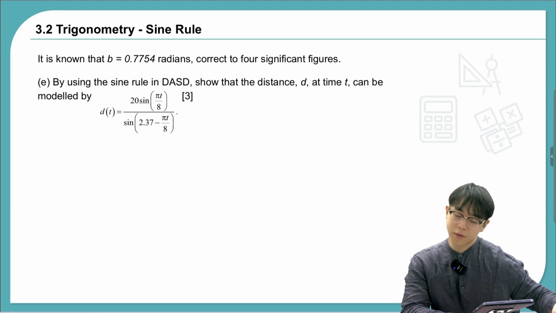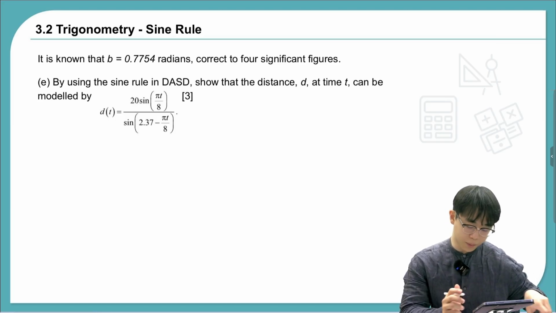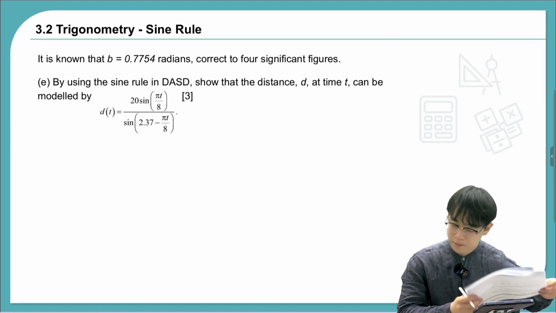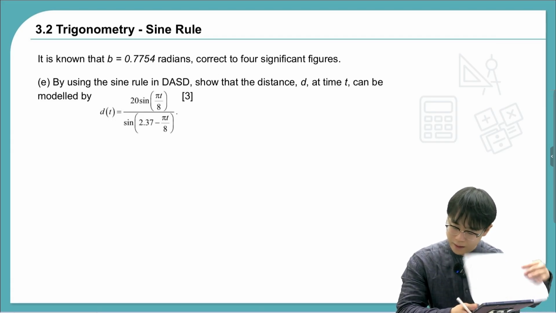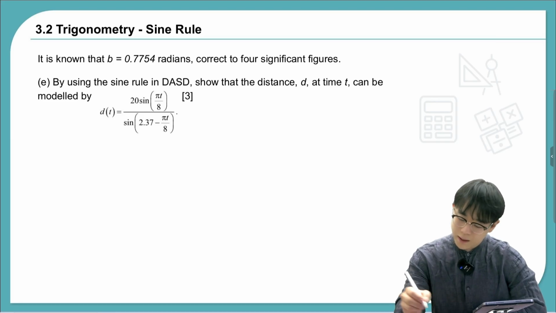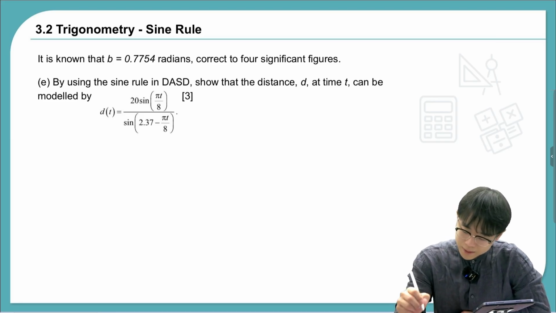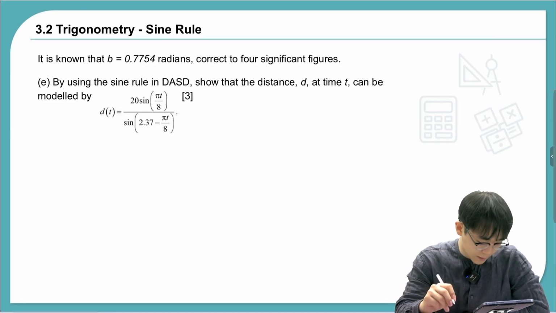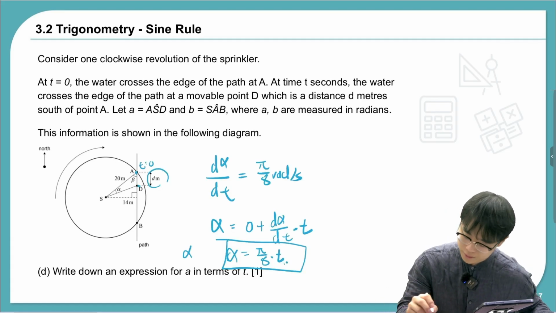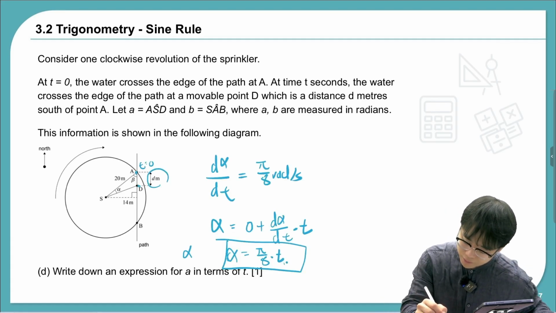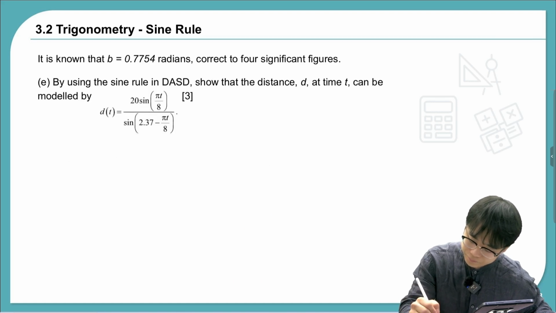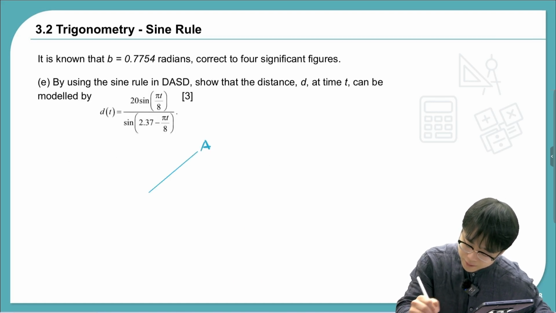E. It's known that beta is 0.7754, and we want to know how this relationship can be modeled here. So we want to find the triangle here. Let's look at this triangle right here. So we're going to draw ASD. We have A, we have S, this is 20, and we have some movable point D here.